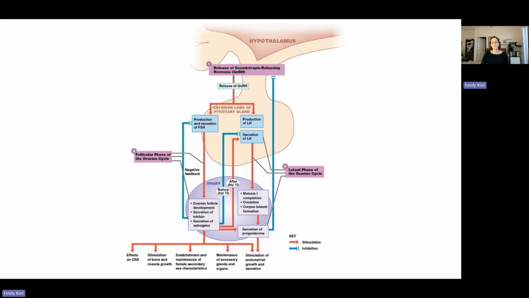And part of that process is to say, do you have a corpus luteum and you're not pregnant? How can we get this cow cycling again? Or are the follicles developing like they should? Because we want the cow to ovulate, we want her to get pregnant, so that after she has the calf, we're able to collect that milk.